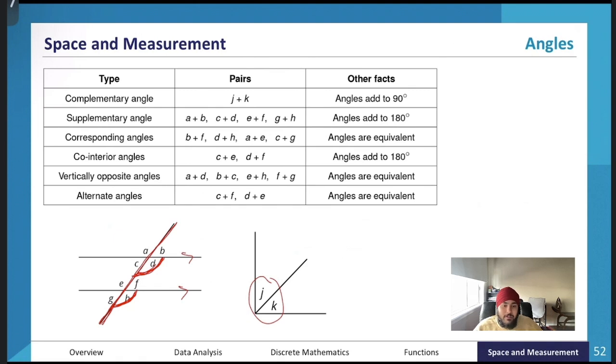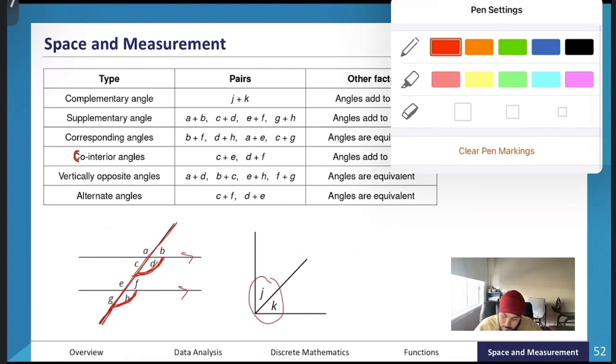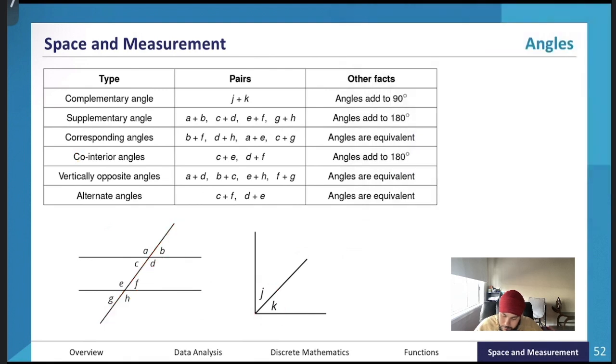Next, we have co-interior angles. So when I think of co-interior angles, I think of the C. C for co-interior. Okay.